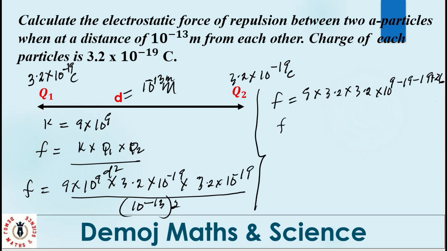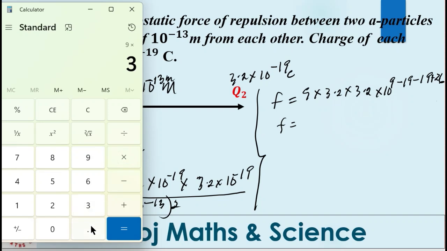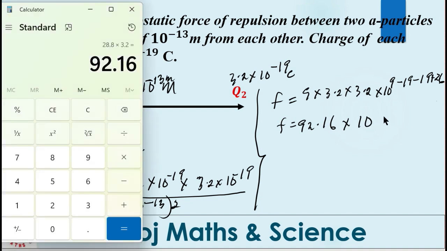So F will be, from my calculator, 9 times 3.2 times 3.2, that's equal to 92.16 times 10 raised to power. Now let's get the indices.